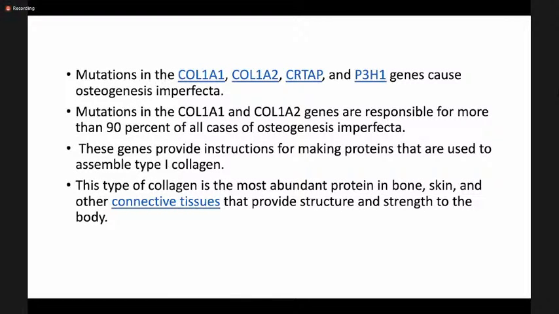Mutations, these are more figures again, in the COL1A1, COL1A2, and CRTAP genes cause osteogenesis imperfecta.